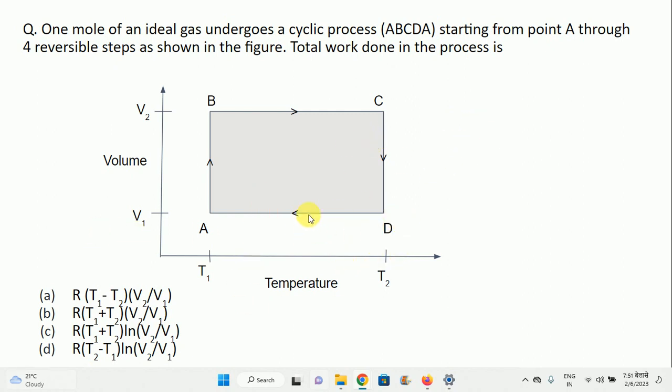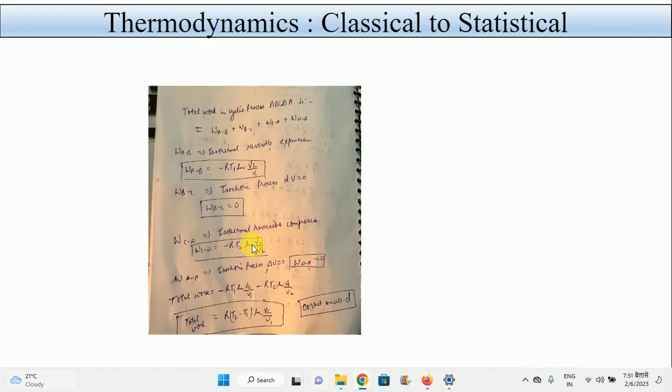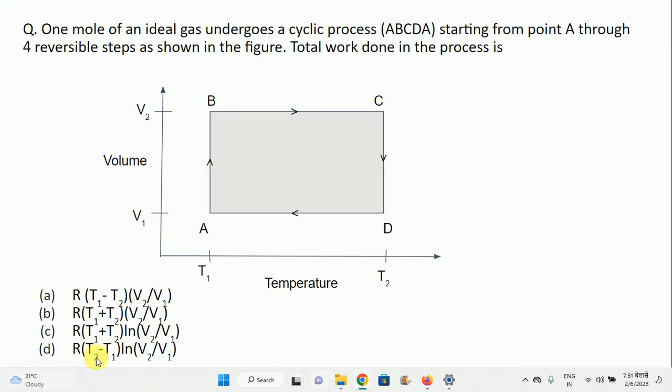Again from D to A, work done is 0 because there is no volume change. So by adding these, we get R T2 minus T1 ln V2 by V1. So the correct option is D, R T2 minus T1 ln V2 by V1.